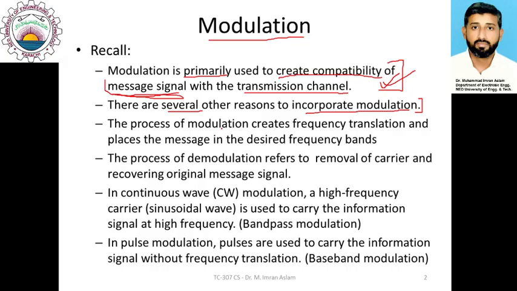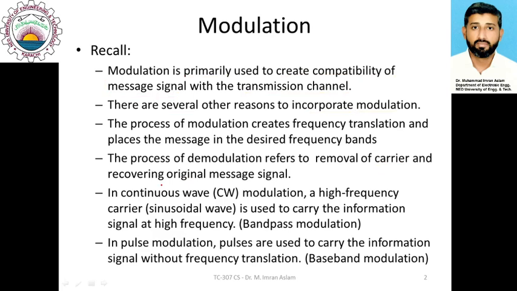So basically in the process of modulation, we generally have a frequency translation so that the message is placed at the desired frequency band. On the other hand, when we go to the receiver side, we do not need that carrier which is carrying the information, and we remove that carrier on the demodulation side and recover the original message.